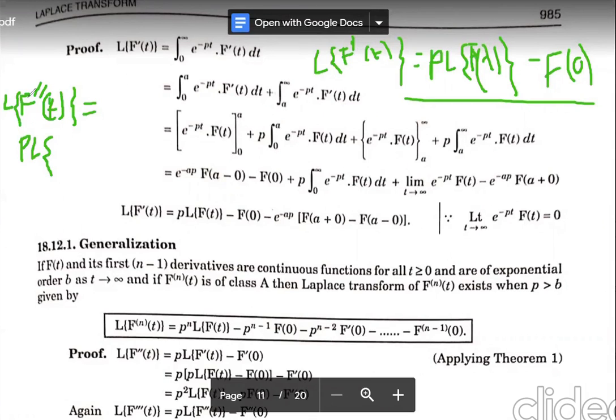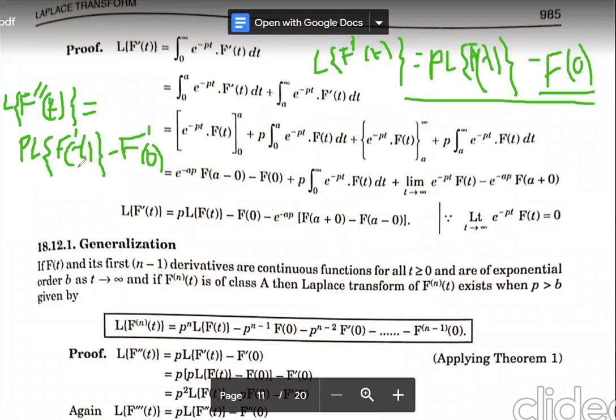Here it is second order, so it becomes f dash of t, minus f dash of 0, because here also the next term is f of 0, that means the derivative decreases by 1 and then put equal to 0, so it becomes f dash of 0.